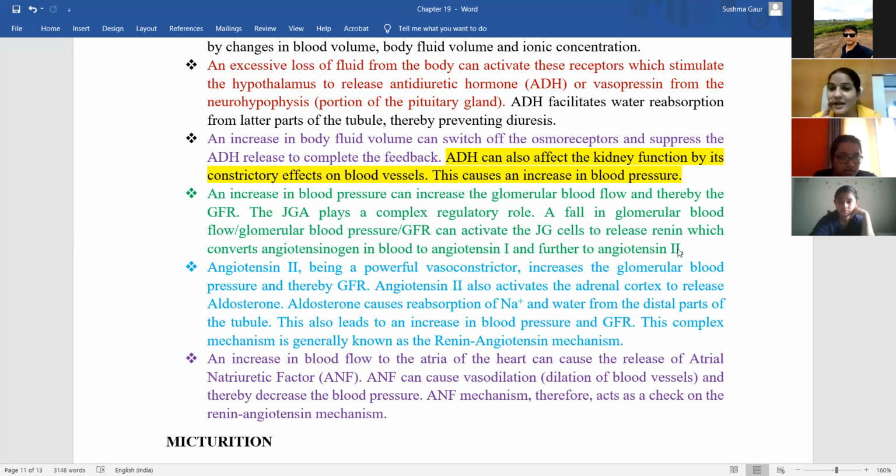I told you this in the last class also, that there is a hormone known as renin that is released and is responsible for maintaining, or we can say regulating, glomerular filtration rate. Okay. So what is this angiotensin 1 and angiotensin 2? This angiotensin 2 is a powerful vasoconstrictor, meaning it can constrict vessels and increases the glomerular blood pressure and thereby glomerular filtration rate.